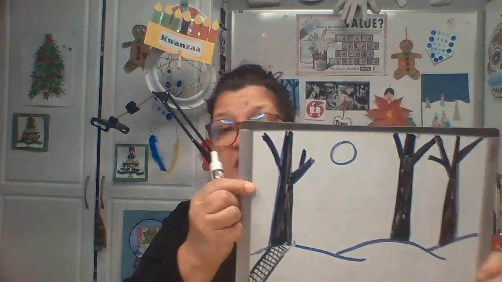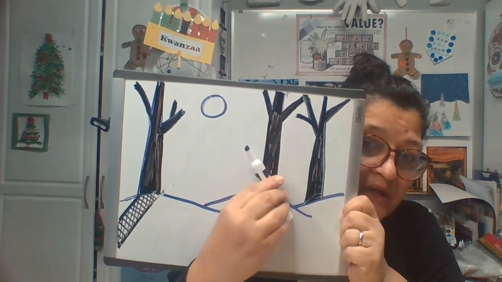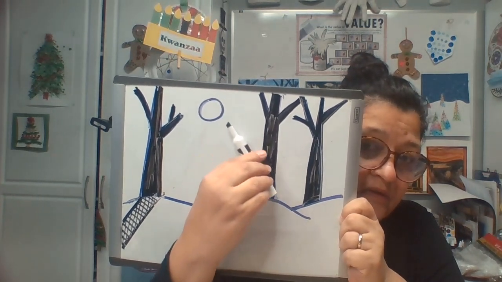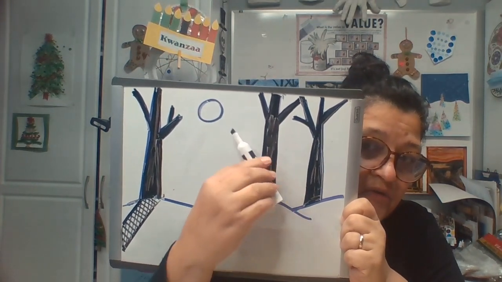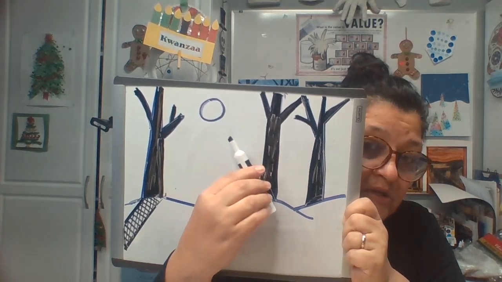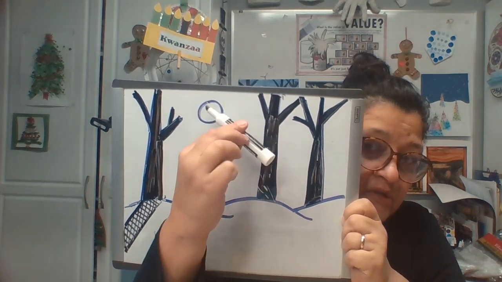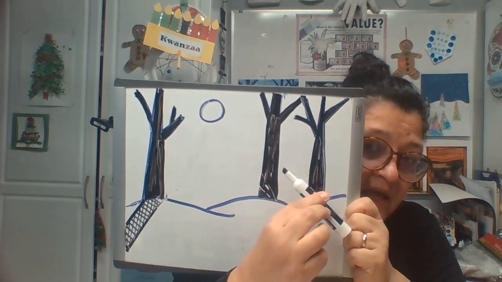And now if we go on the other side, these shadows are going to be completely the opposite direction. See how I'm doing this? Go to the middle of the moon, the sun, that's the moon, I'm sorry, and go to the base of the tree and see the angle. Here's the angle. Go to the other tree, there's that angle.